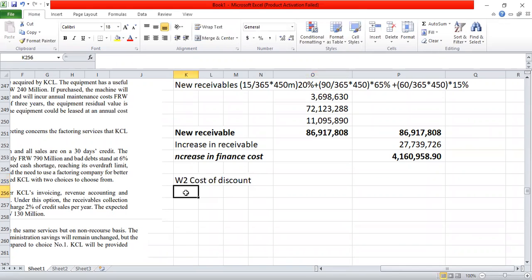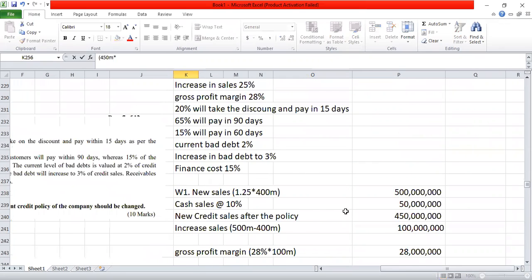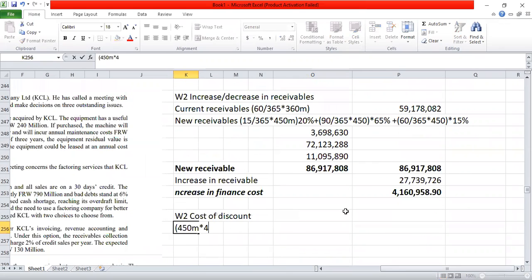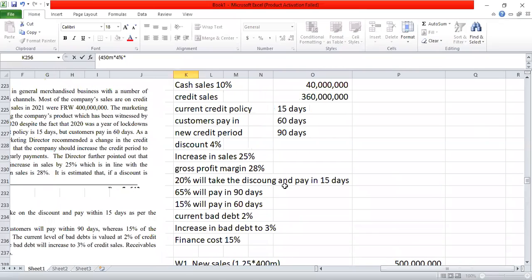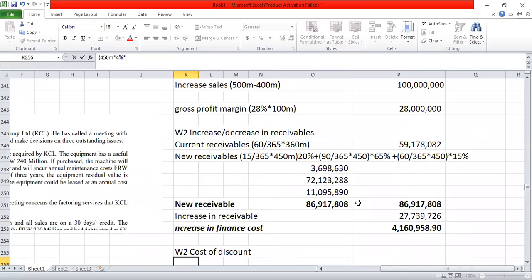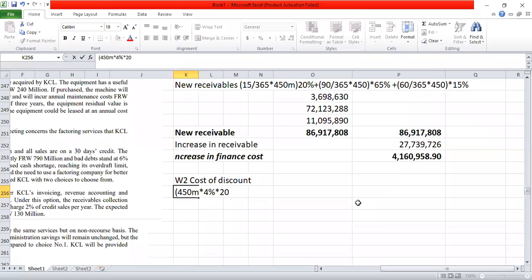So my cost of discount will be 450 million times the discount cost, which is 4%, times the customers who are going to take the discount. 20% of the customers will take the discount.